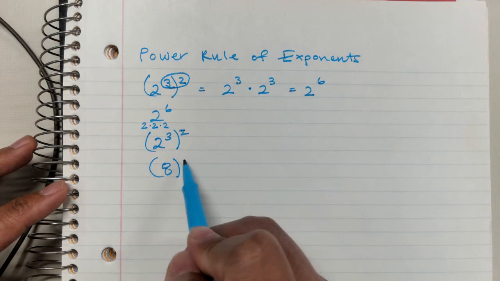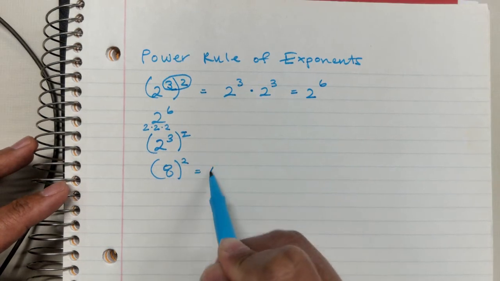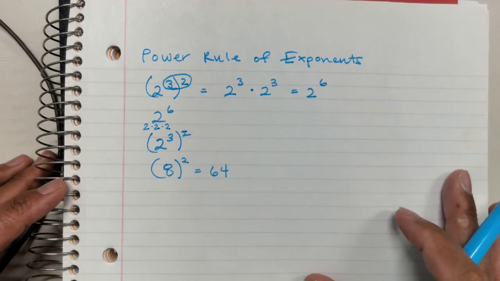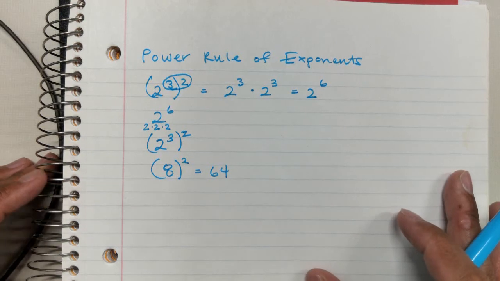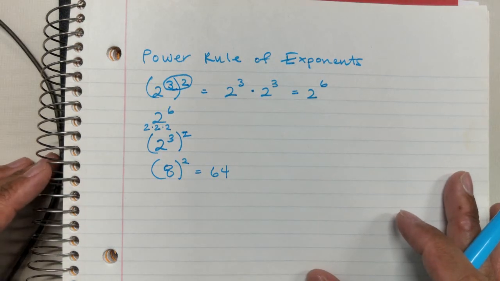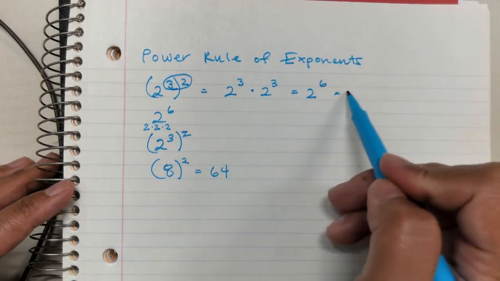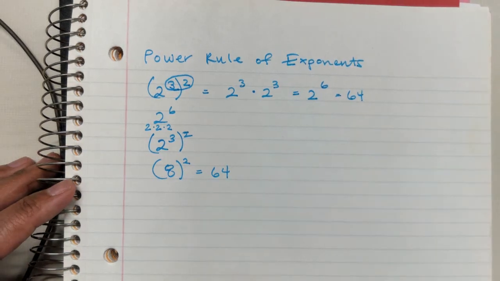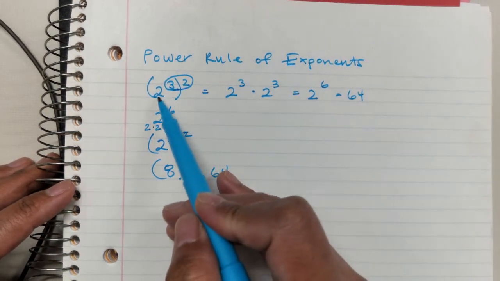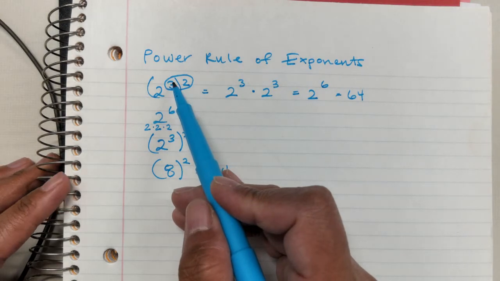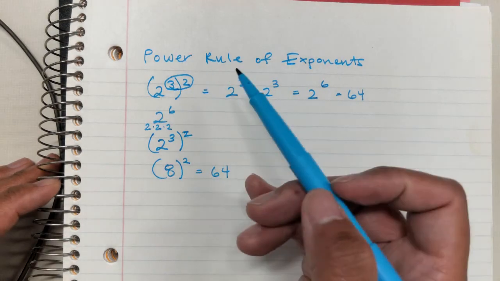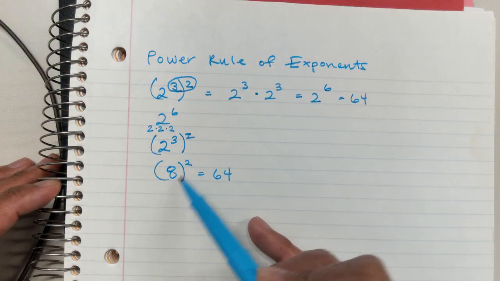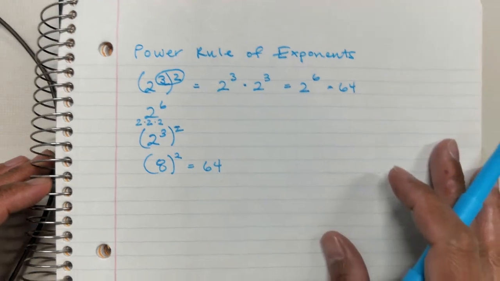And then if I'm raising it to the second power, 8 times 8 is 64. So 2 to the 6th power is 64. You can simplify whatever is inside the parentheses first, and 2 to the third power is 8, and then square it, it will be 64.